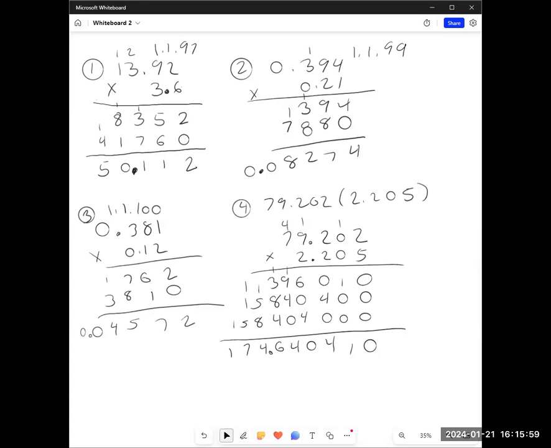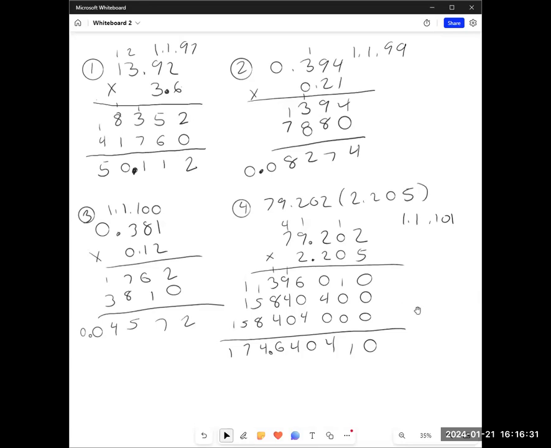And I am just going to check here, 174.6404.1, and I have a 0 at the end. You don't absolutely have to have that 0 at the end, but I think you should to keep the number of decimal places that you're supposed to have. So show that there. All right. And that one was like 1.1, number 101.